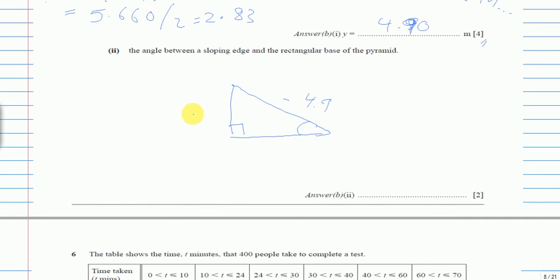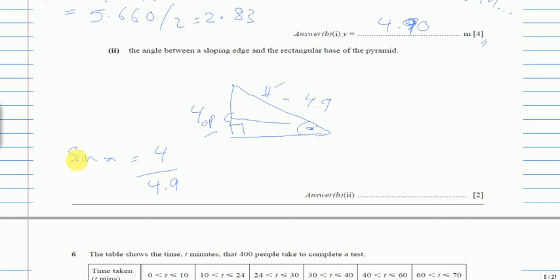Okay, now this was 4, and this is what we are looking for. So this is the opposite side, and this is the hypotenuse. Now we have to use sine this time. Sine equals opposite over hypotenuse, because in sine we need the opposite and the hypotenuse, and that's what we know. So sine x is equal to opposite, which is 4, over hypotenuse, 4.9.